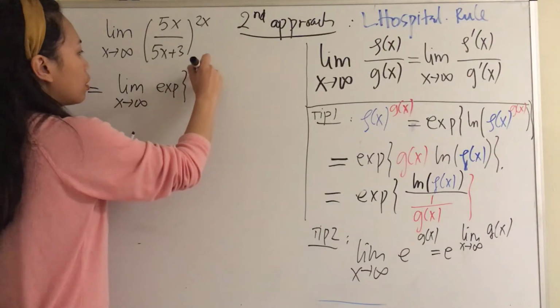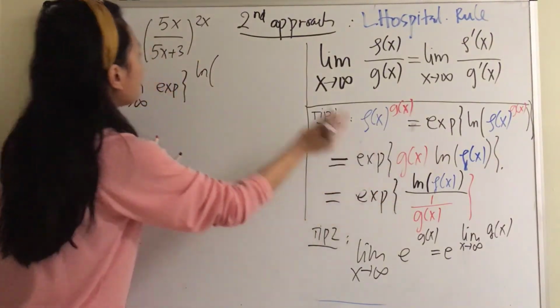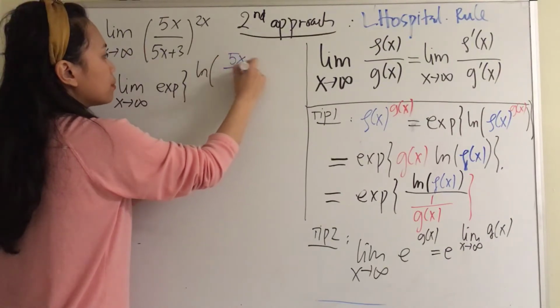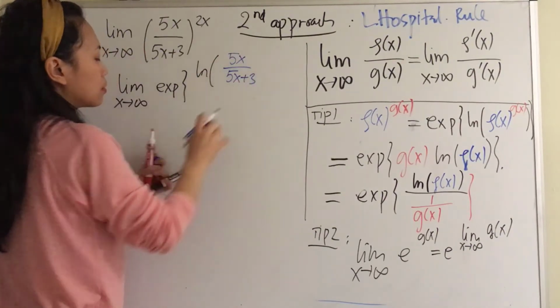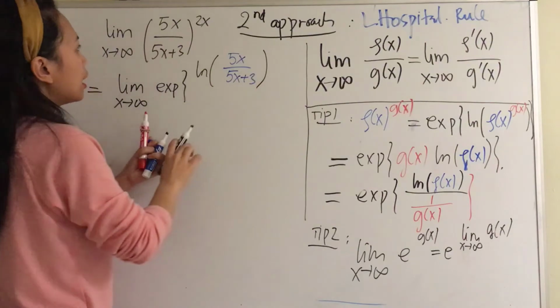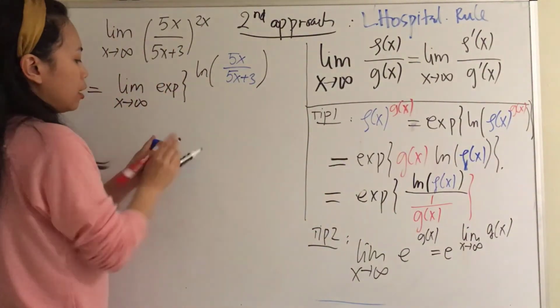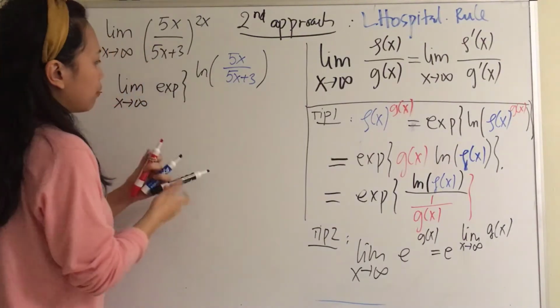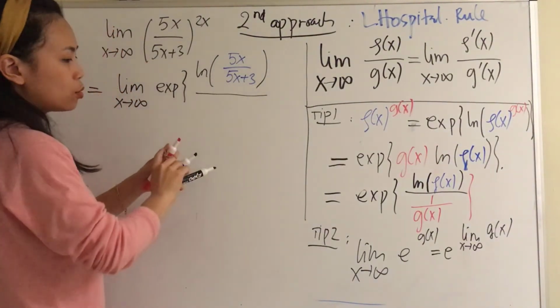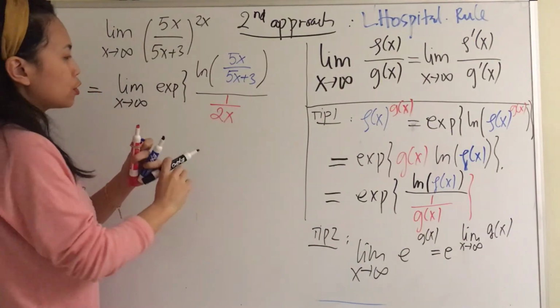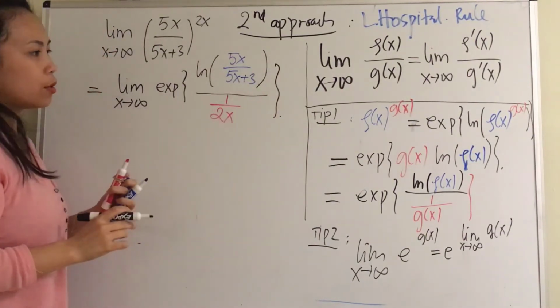So I have natural log of f of x, which is 5x over 5x plus 3, and g of x is 2x, and this is 1 over g of x. So I have 1 over 2x.